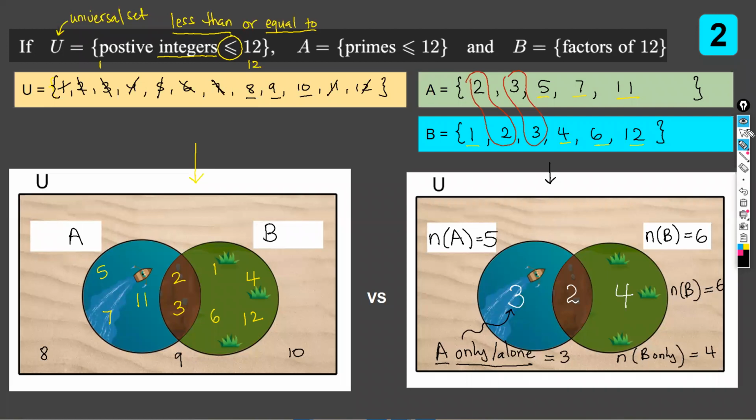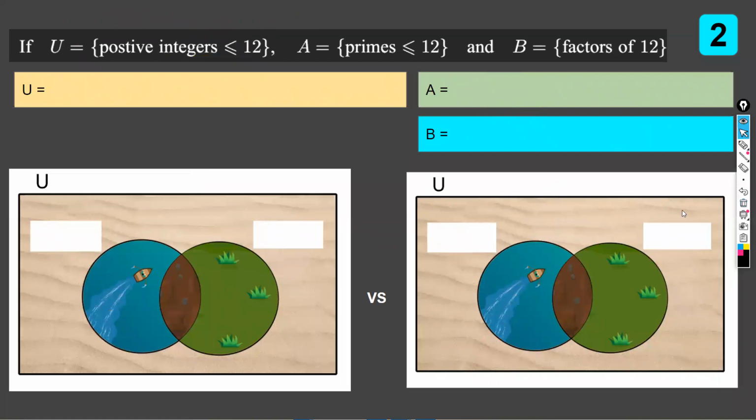Take down everything on the screen. Let me know when you are finished. There. Let's see what the next slide is about.